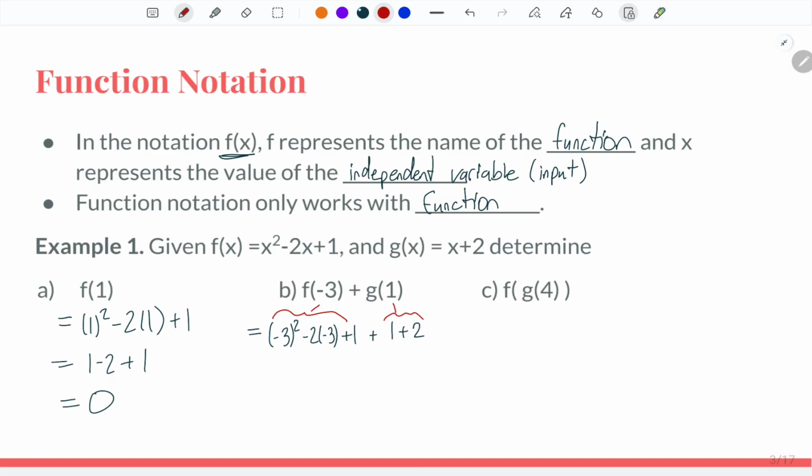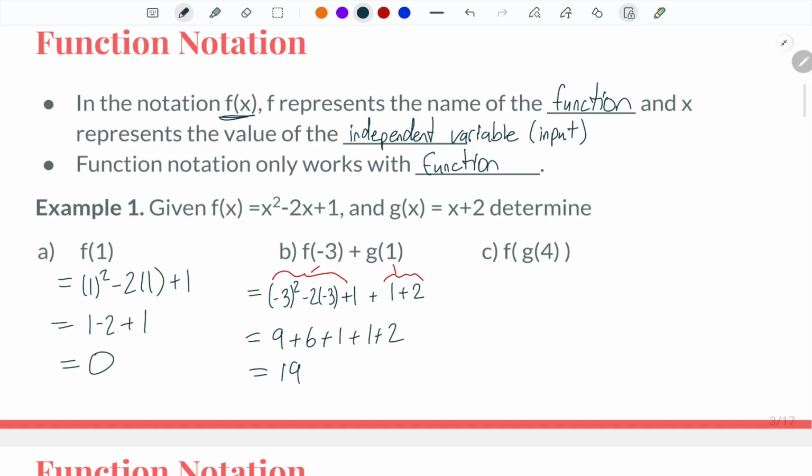Calculate those out, put it all together, you have your answer. So it's going to be 9 plus 6, careful of the double negatives, plus 1, plus 1 plus 2, which is 15 plus, well, 16, 17, 19.